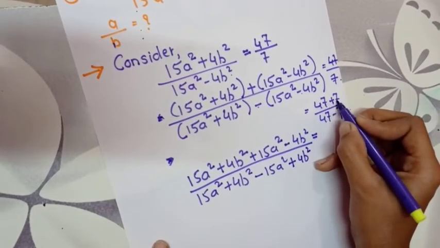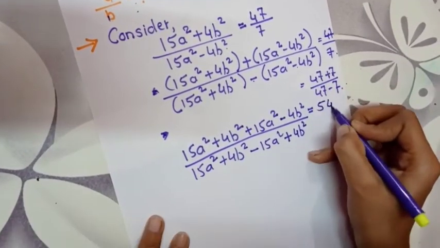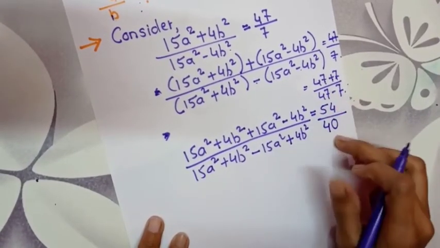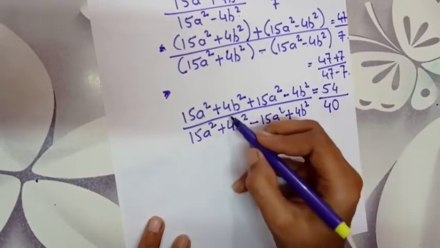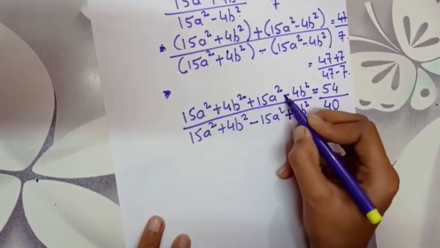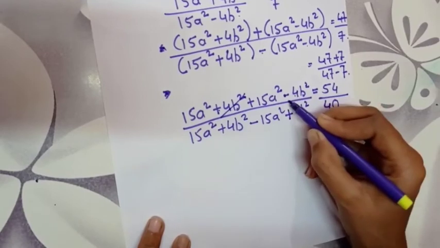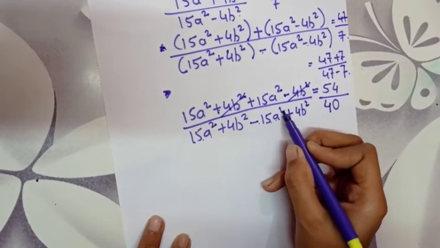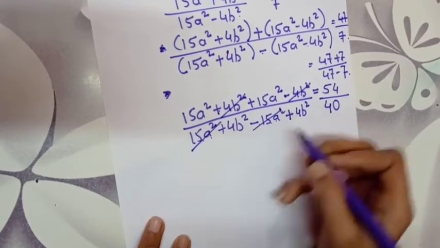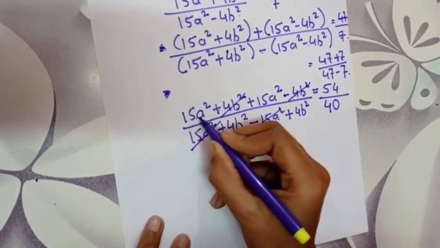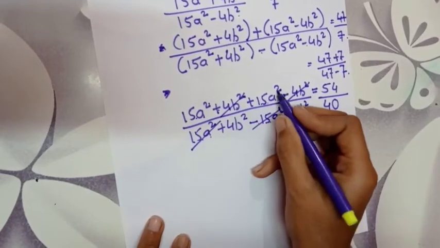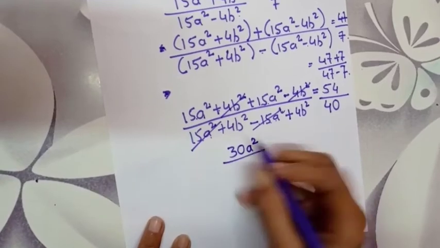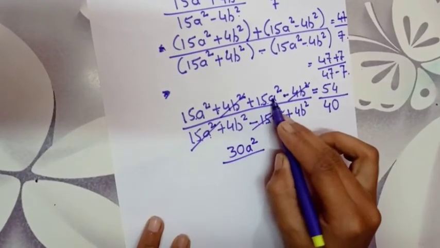Here 47 plus 7 will be 54, and 47 minus 7 will be 40. Here plus 4b square minus 4b square will get cancelled. 15a square minus 15a square will get cancelled. Now the remaining term will be 15a square plus 15a square, which will be 30a square, like 15 chocolates plus 15 chocolates.